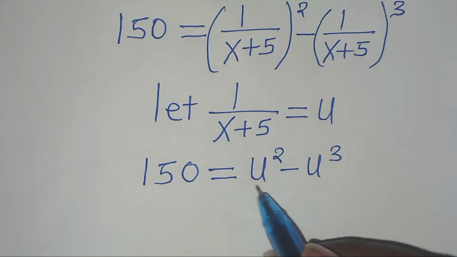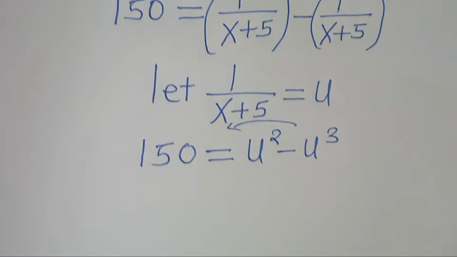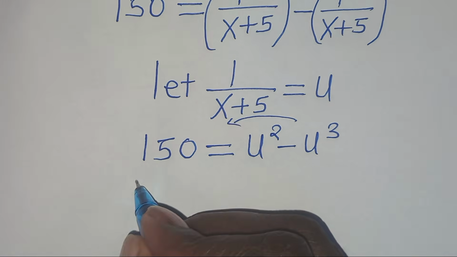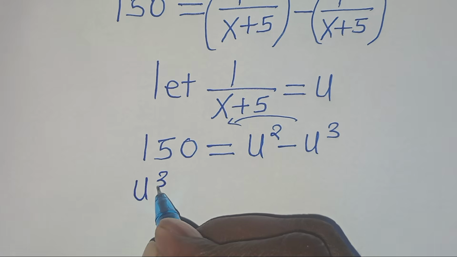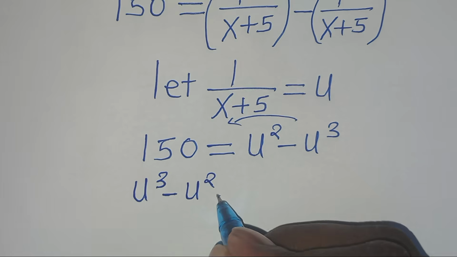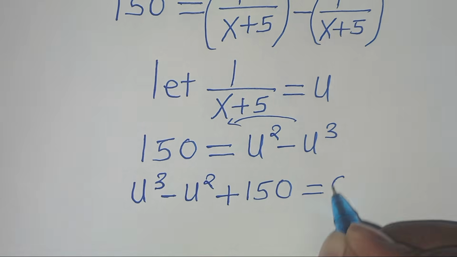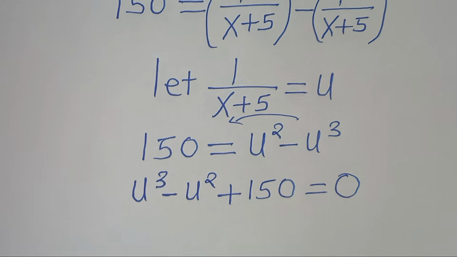Now let's take u squared minus u cubed to the left hand side, so that we have u to the power of 3 subtract u to the power of 2 plus 150 equal to 0.